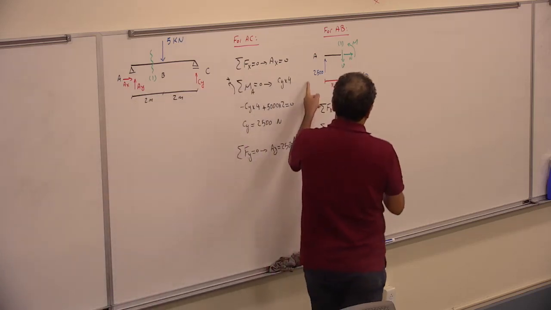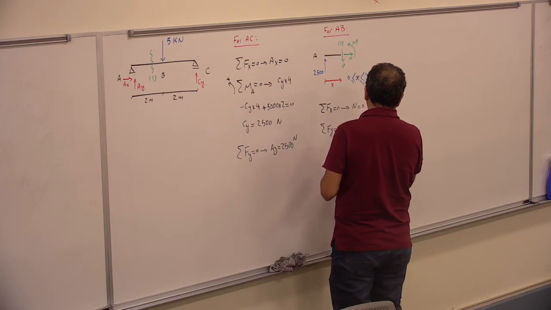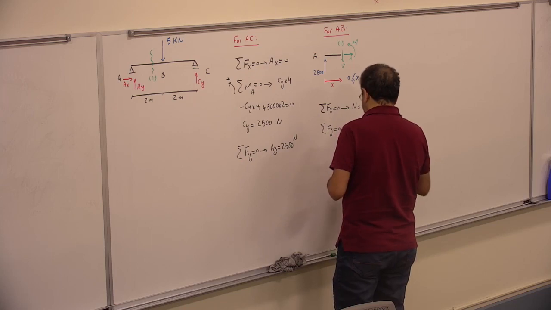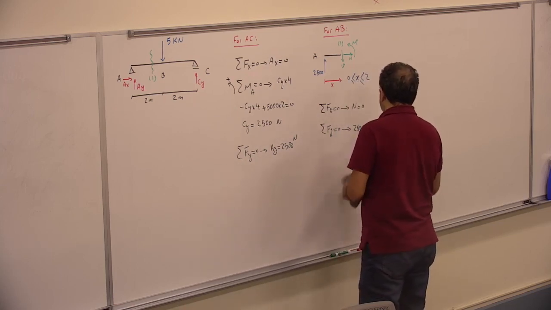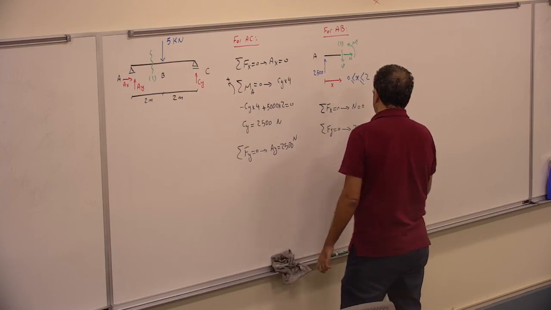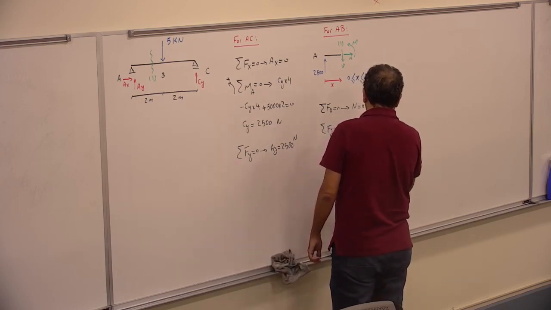So 2500 minus V, and function of x here, minus V would be 0. Therefore, V would be 2500 Newton.